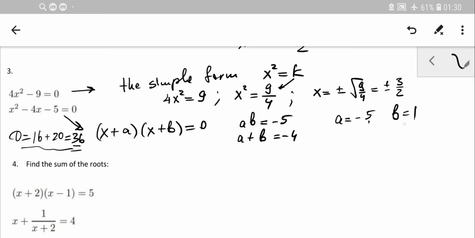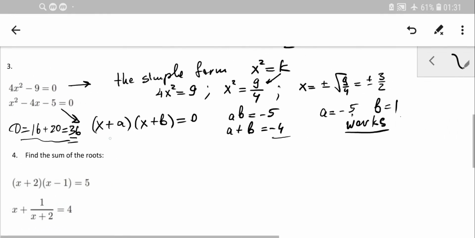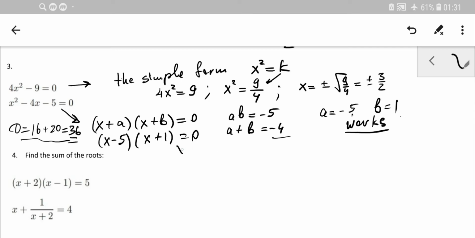Let's check it: -5 times 1 is -5, and -5 plus 1 gives you -4. So it works, and we fix these as our a and b. We put them back into factorized form, and simply we say that x is 5 and x is -1. That's why you see the discriminant works perfectly.